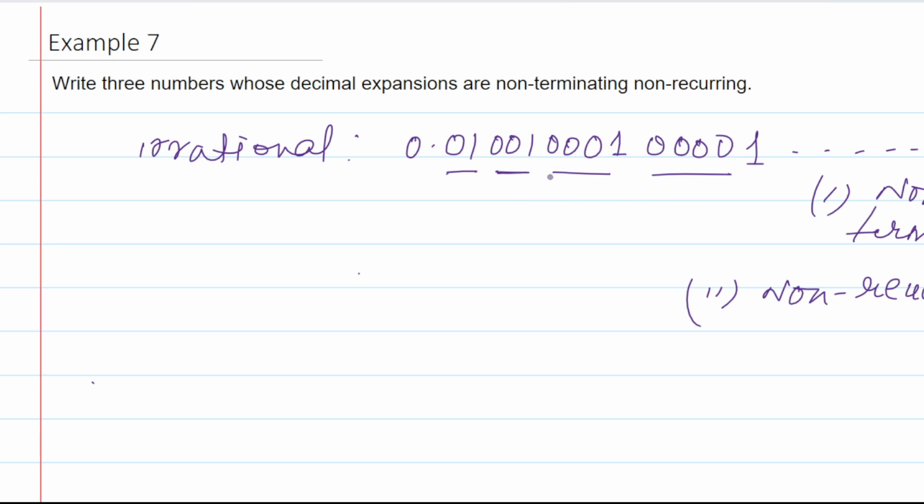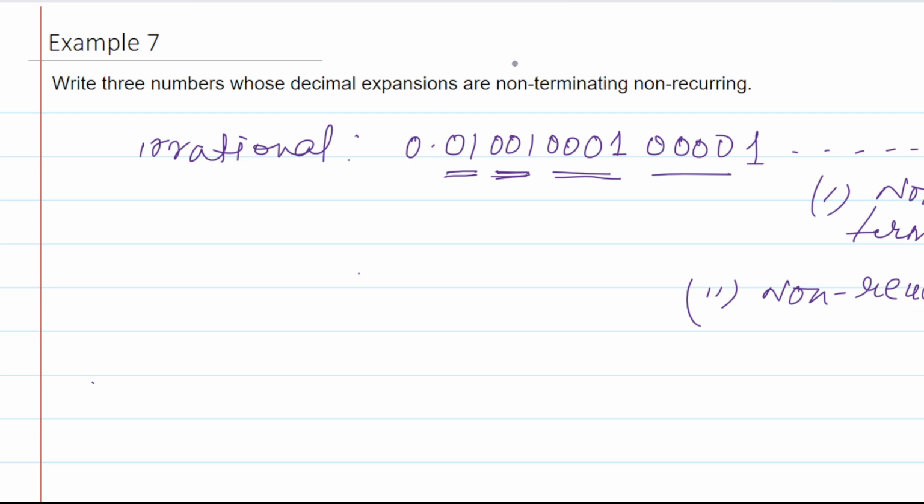No number is repeating in a certain pattern. 0 1, then 0 0 1. See, 0 1 is not repeating again, 0 0 1 is not repeating again. Is that clear?